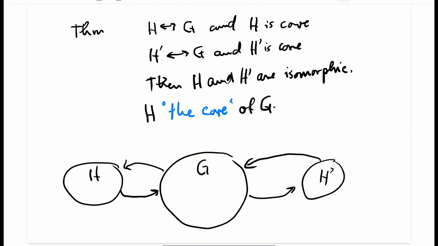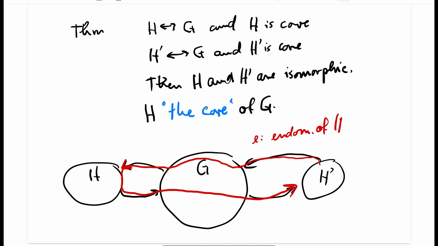There also exists a homomorphism from H prime composed with the homomorphism from G to H and all the way back. So here we just composed homomorphisms. Hence, the resulting map E is an endomorphism of H prime. Since H prime is a core, E must be injective.